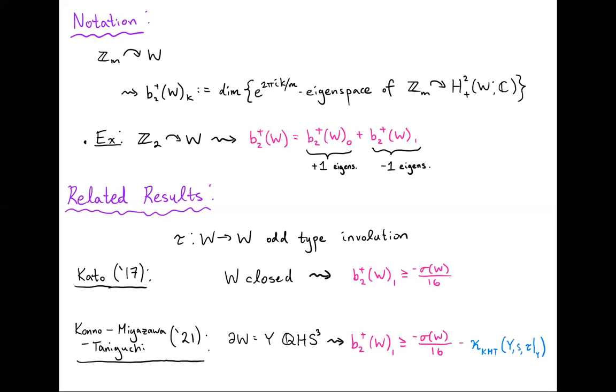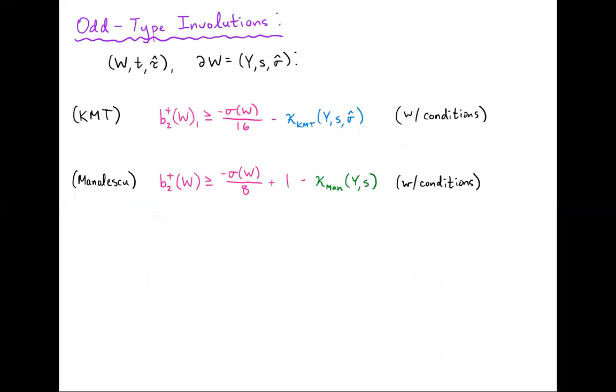Okay, so we have all these inequalities. Let's play around with them. I'm going to organize them on the slide over here. The setup: odd type involution. We get the KMT inequality, Manolescu's inequality, and then our inequality.